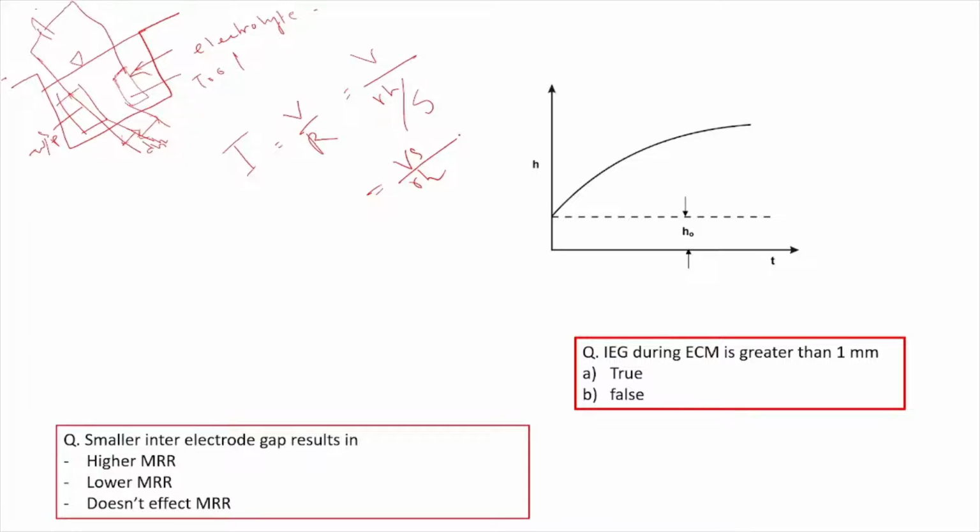Okay. So why I am writing this is that it is useful for some derivation or calculation. Then dh by dt we can write as 1 by F into A by rho into V by Rh into 1 by S. Okay.